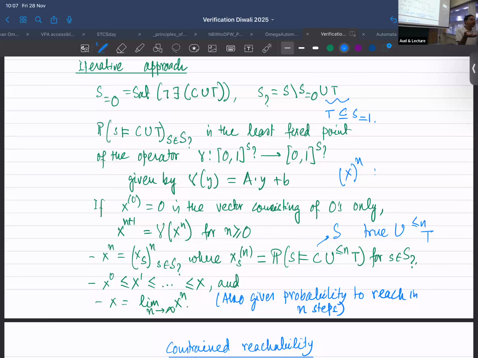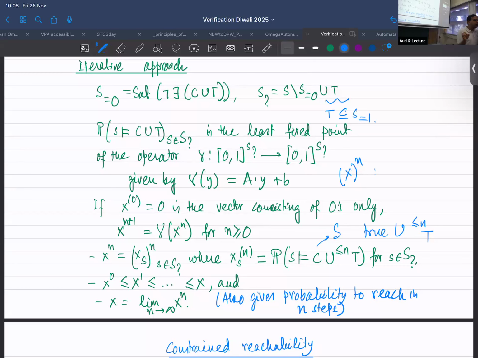So what is my x1? x1 is the probability you reach in one step. x0 is like in 0 steps, so right now everything is 0. And for x1, I'm adding the b, so I'm reaching in exactly one step.